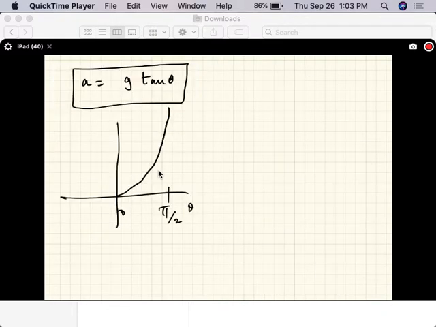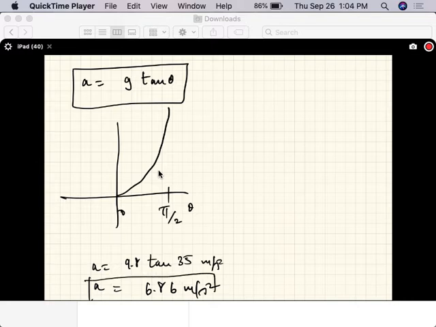All right, so let's calculate the acceleration of this freight train. Acceleration is g tan 35. So here's this acceleration, 6.86 meters per second squared.